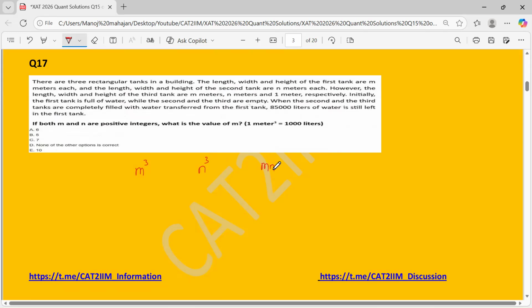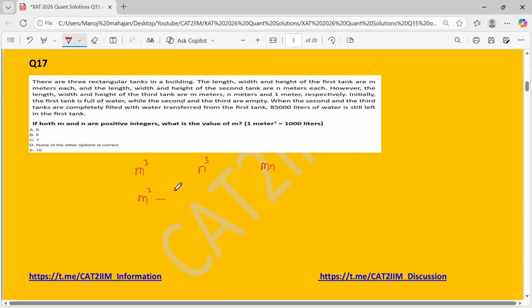So this is what we have. They're saying that initially the first tank is full of water, while the second and third are empty. So from the first, the second and the third tanks are completely filled with water. And after that also, it appears to me something like this.